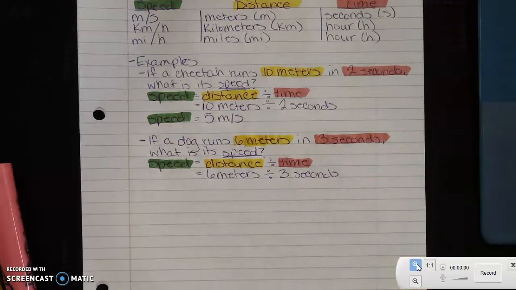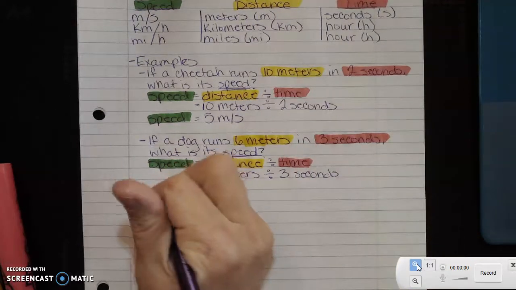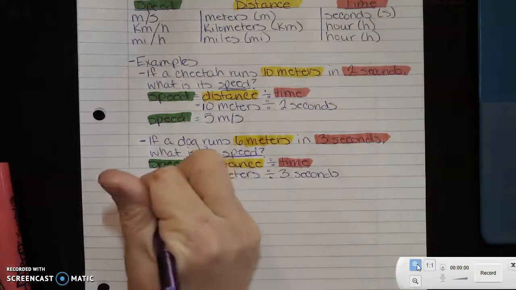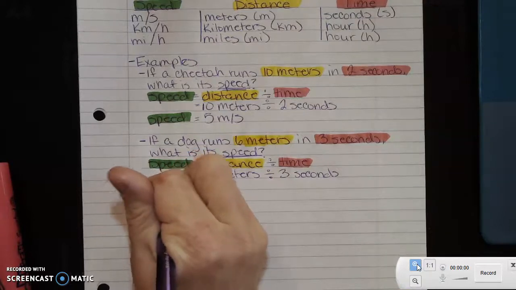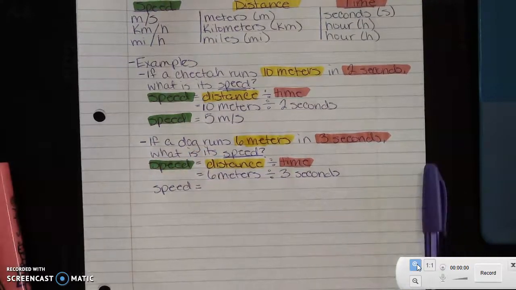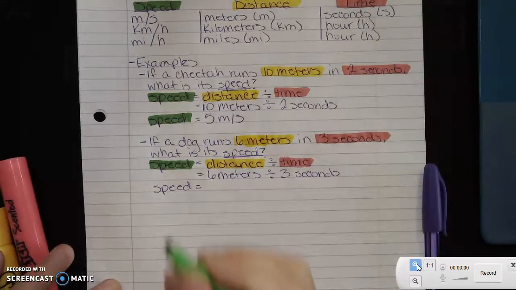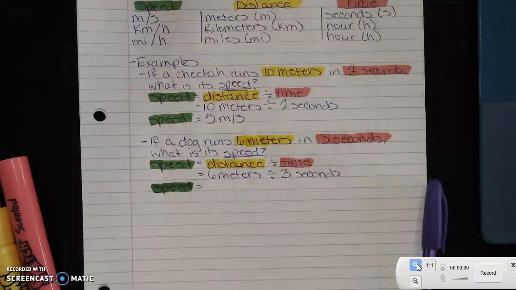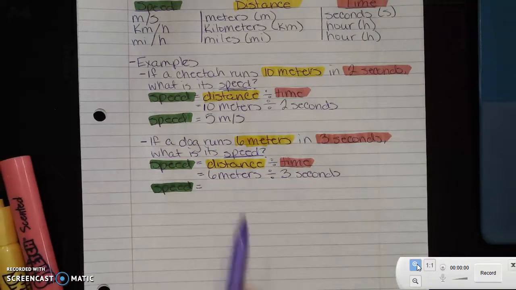So I plugged in my data from the word problem into my equation. Sounds fancy, but it is not. This was quite simple. We just take our time, use the color coding to keep it organized. So speed equals, and here's my final answer, what I'm solving for. We do it in 2 parts. First, you deal with the numbers.